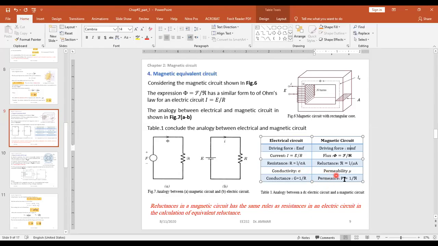And here we call it permeance P, which is 1 over reluctance. So here you have a remark that reluctance has the same role as the resistance in the electric circuit. Yesterday we only touched on this, sorry.